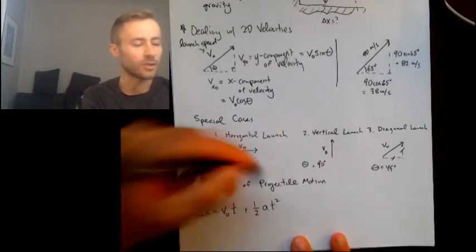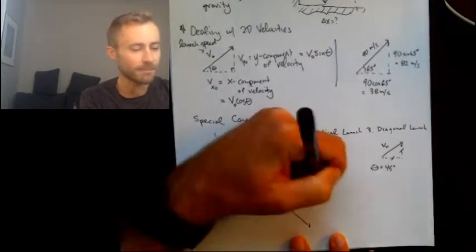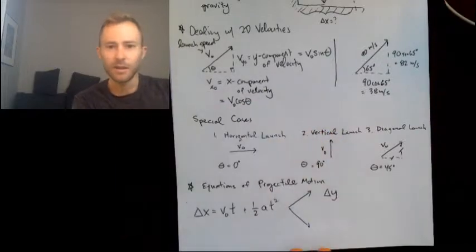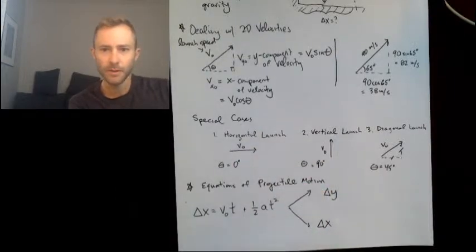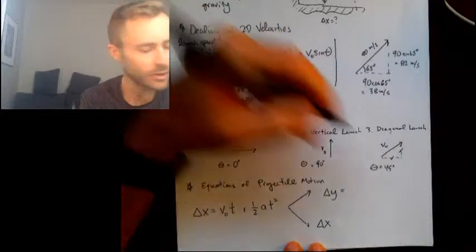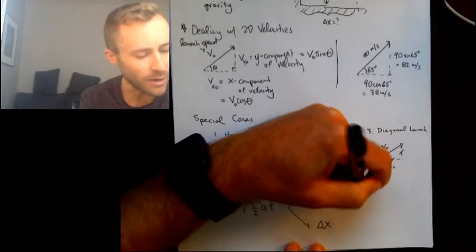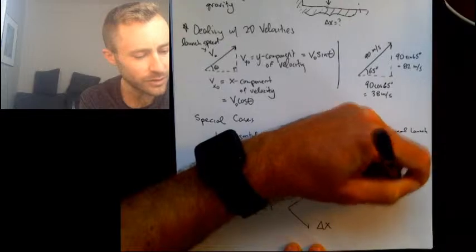There's going to be an equation for delta y, and there's going to be an equation for delta x. Let me write down the delta y equation first: V y naught t minus 1/2 g t squared.